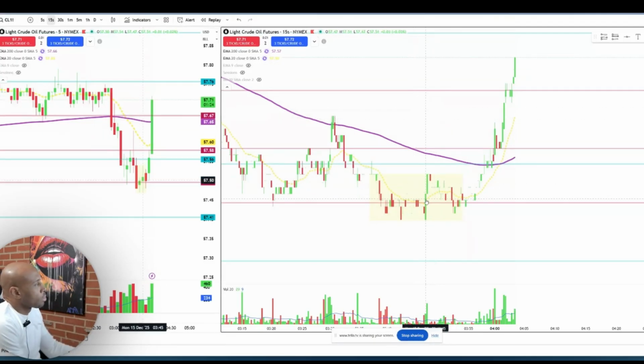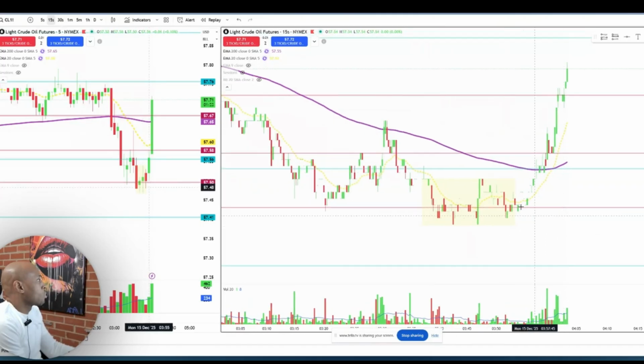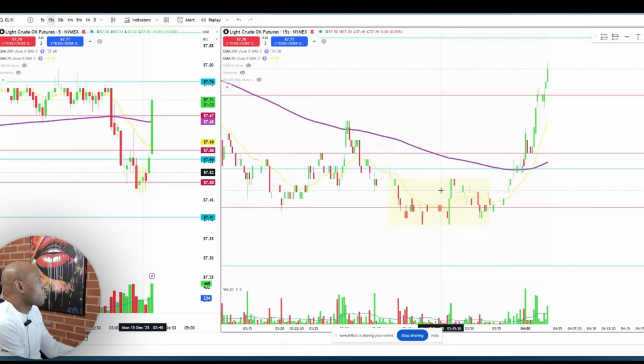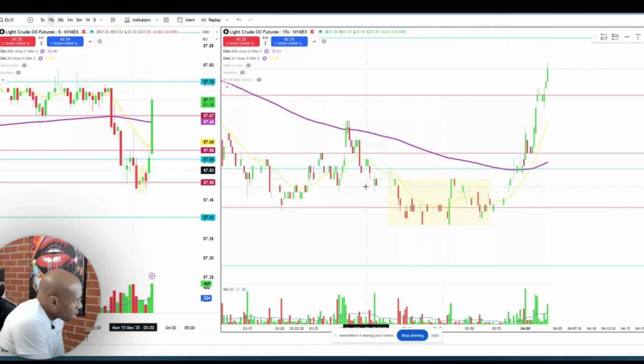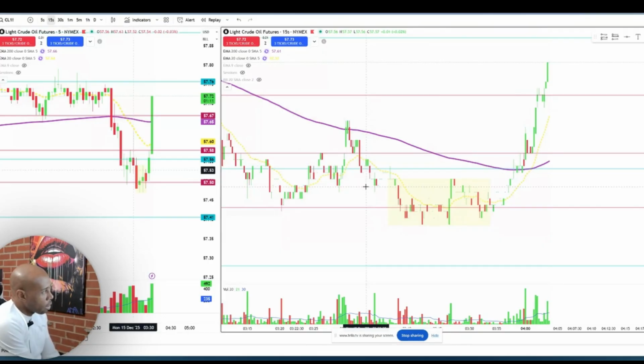Yeah, you see this yellow block that I drew here, right? It was more like a consolidation block, looking for price to break out of that. It broke past it, but I didn't take the trade. I mean, it went up, but I didn't see anything necessarily clear.